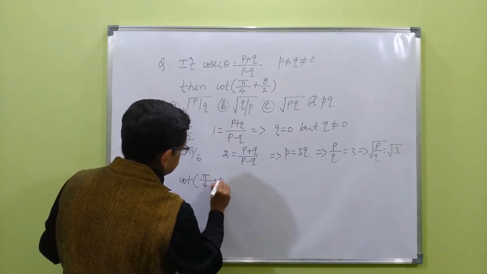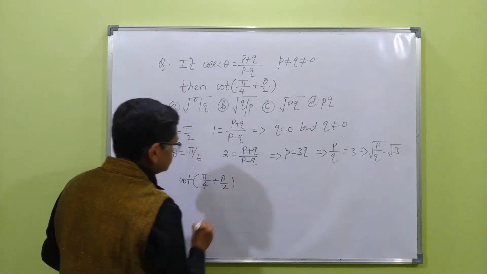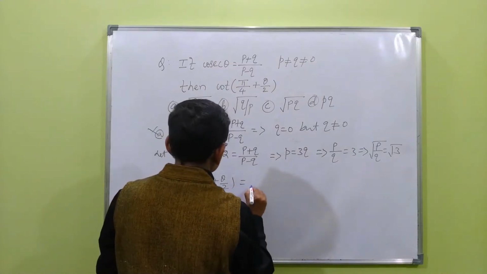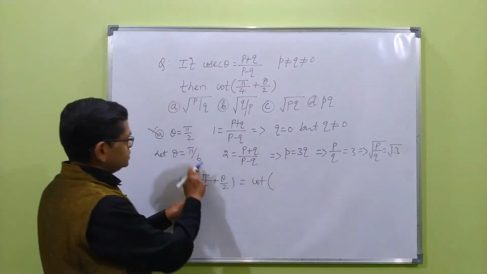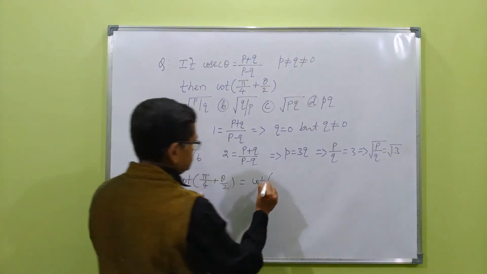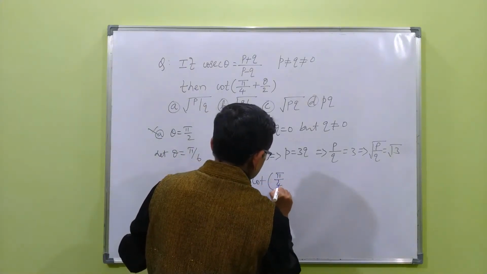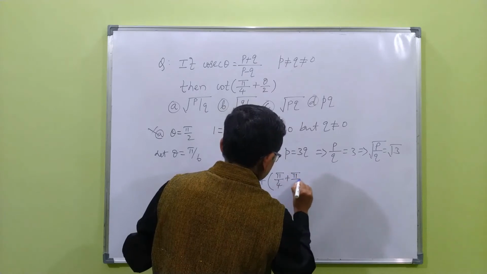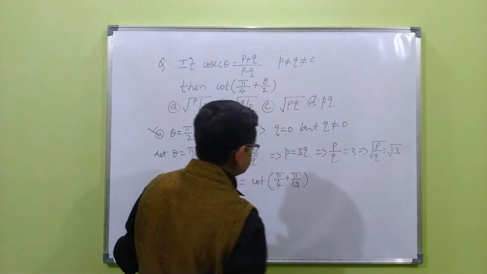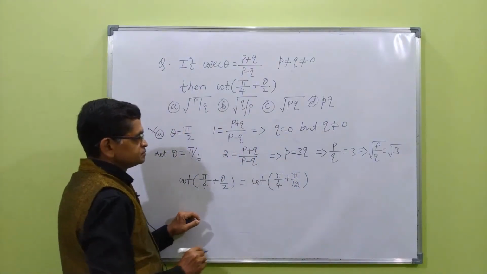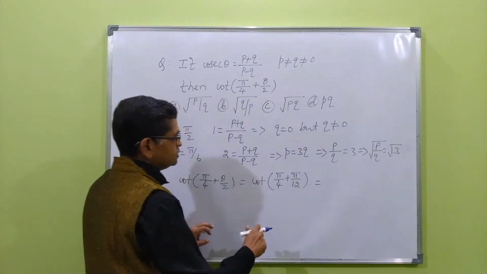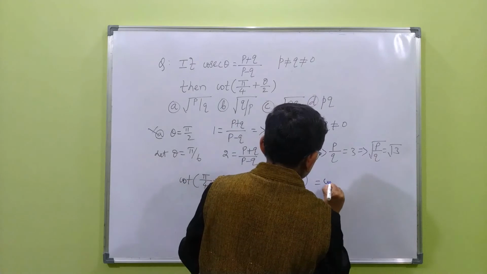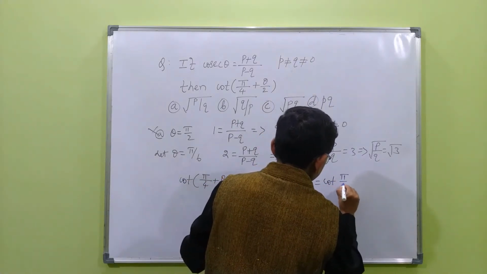Now you consider this, cot of pi by 4 plus theta by 2 is equal to cot of pi by 4 plus pi by 12, that is how much it is? This will be cot pi by 3.